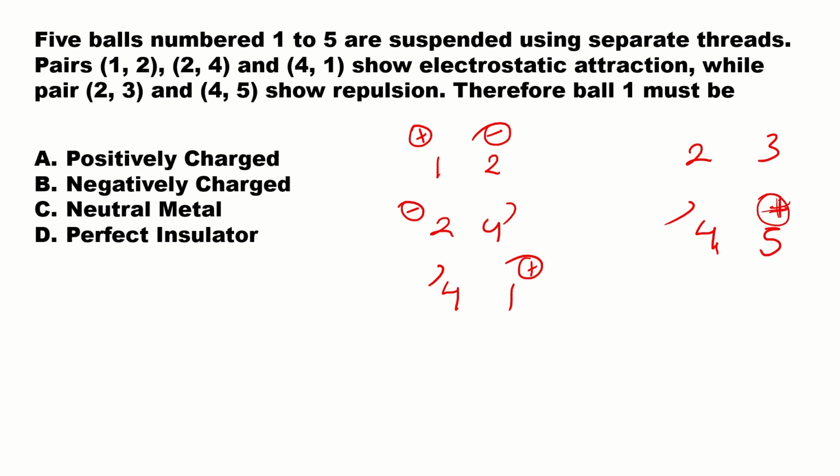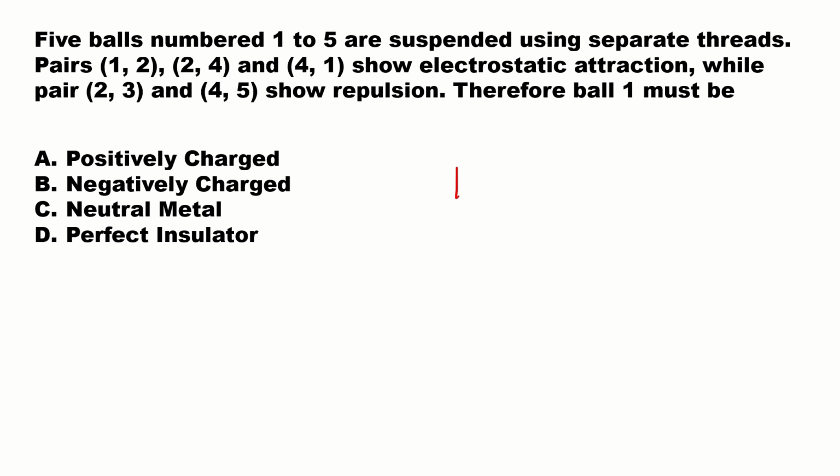So the only option we have left, for 1, 2, 2, 4, 4, 1, is that 1 is neutral and 2 is, let's say, positive or negative, which means there are 2 more cases. But if 2 is positive, then 4 can be neutral or negative. But since 1 is neutral, 4 must have a charge in order to attract 1.